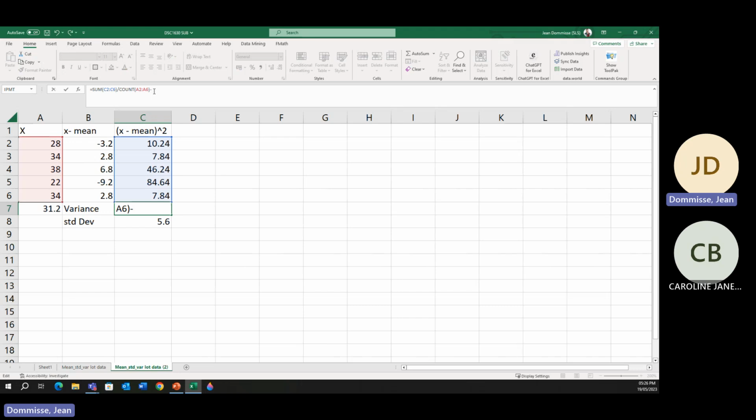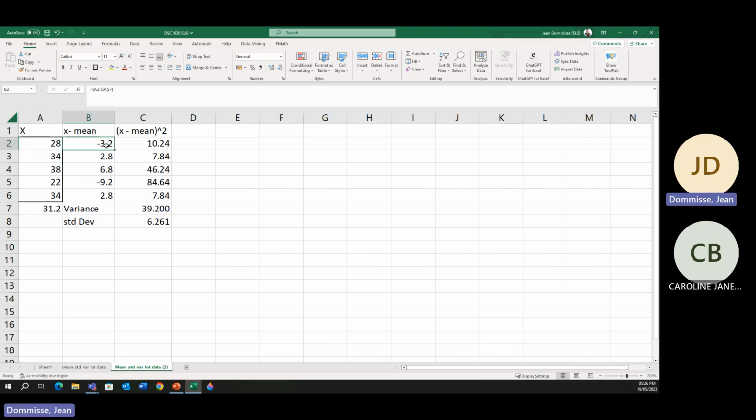It is n minus 1 because we're working with a sample. Okay, so if I were using that formula on page 144, I would have said x minus the mean.